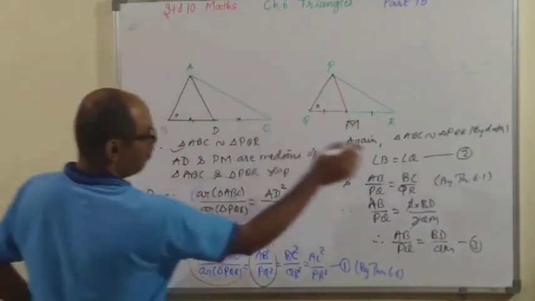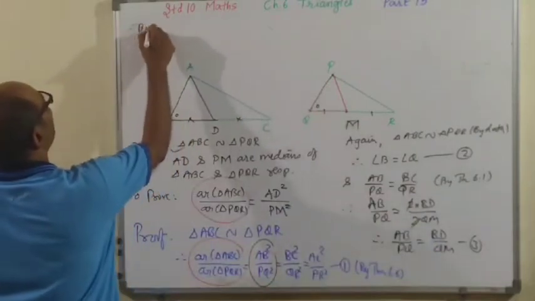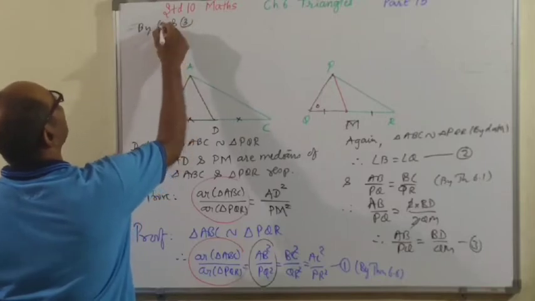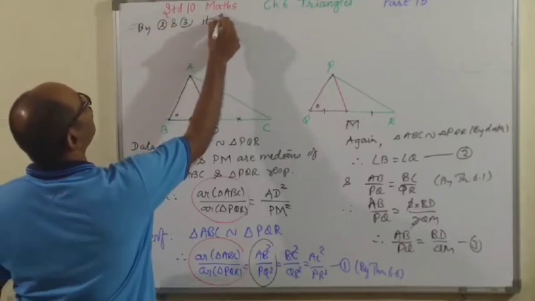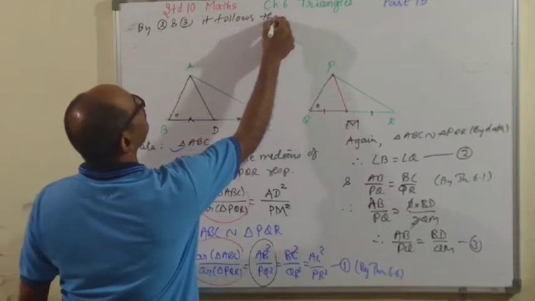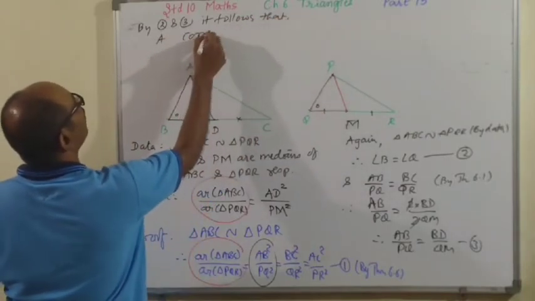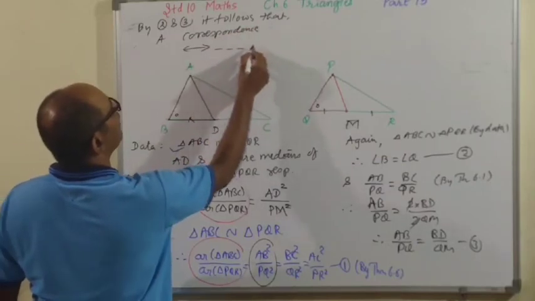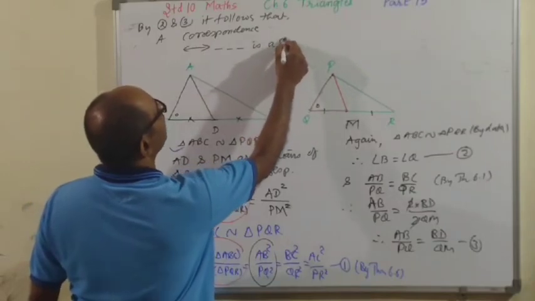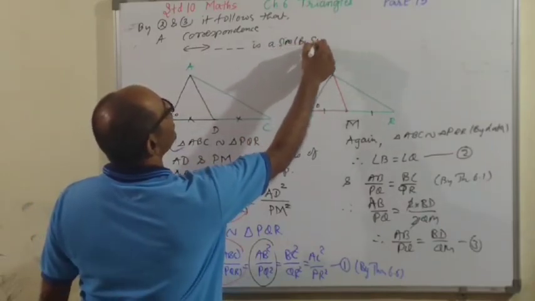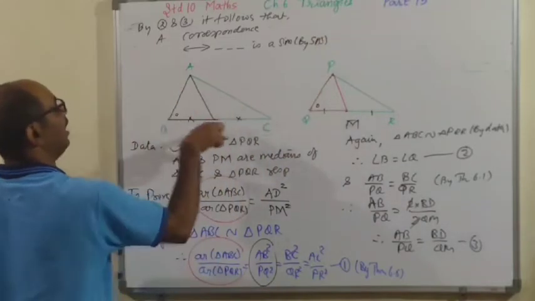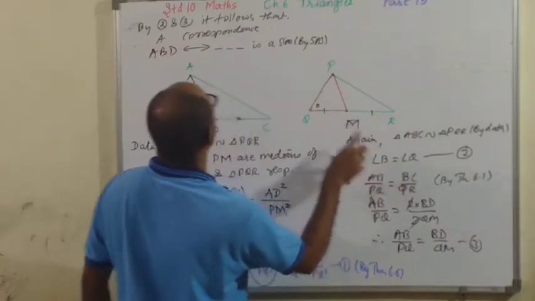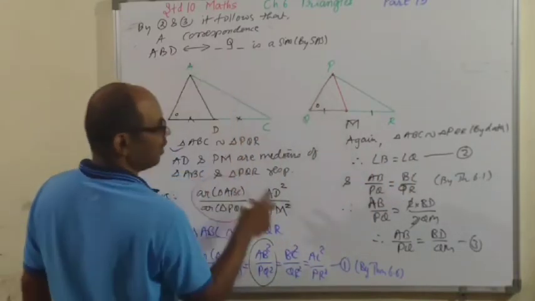Therefore, by 2 and 3, it follows that a correspondence, dash corresponds to dash dash dash is a similarity by SAS. बोलो इसका ABD लिख दो, ABD. अभी एंगल B corresponds to एंगल Q, B बीच में, Q बीच में.